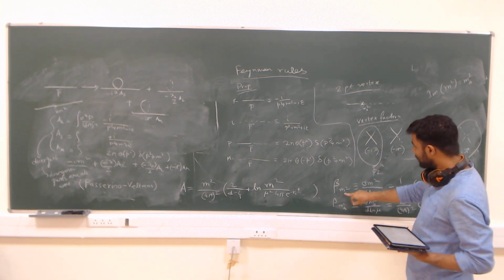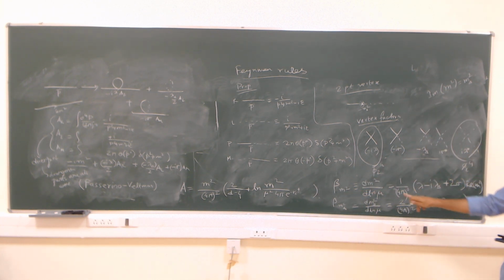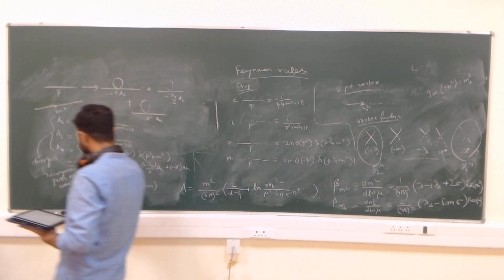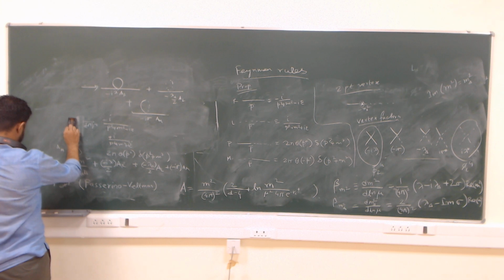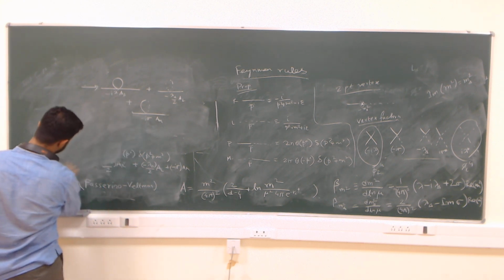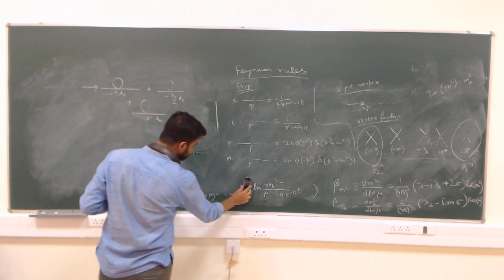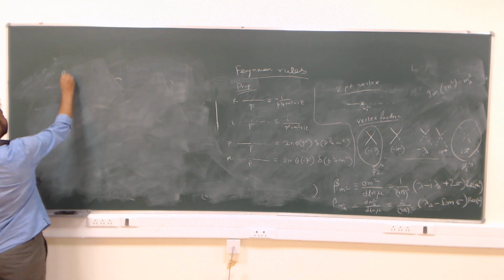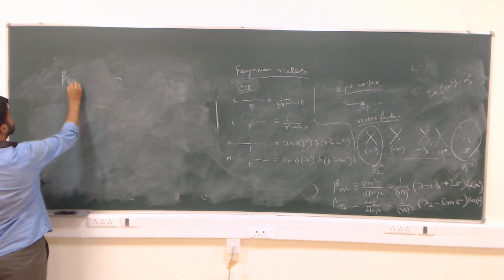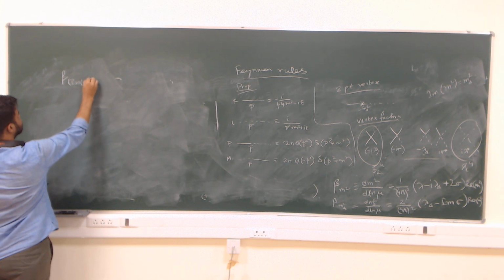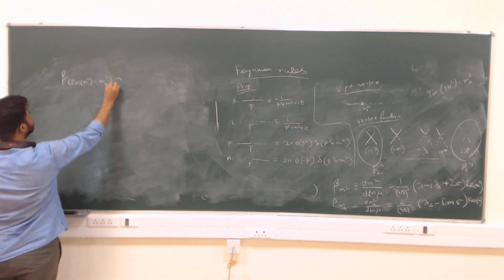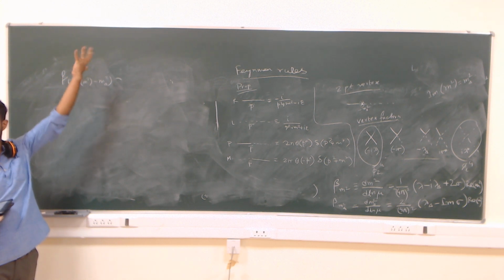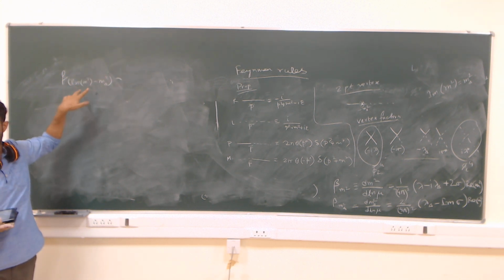I can take the imaginary part of this equation, beta of imaginary m square, and beta of m delta square. Then we get the beta function for Lindblad violating couplings. If the Lindblad condition is satisfied, then this coupling should not be there at all.